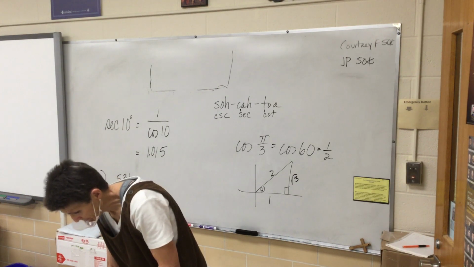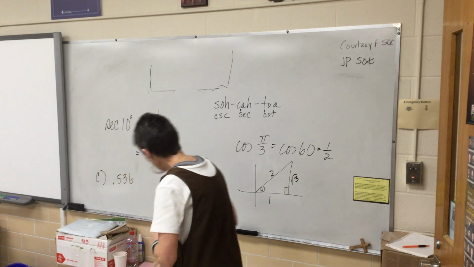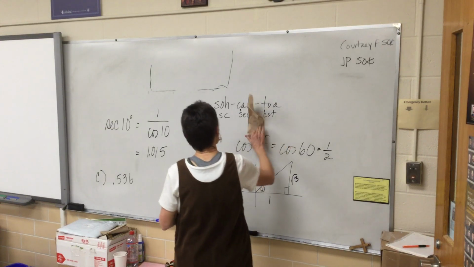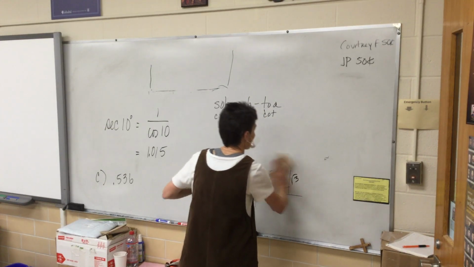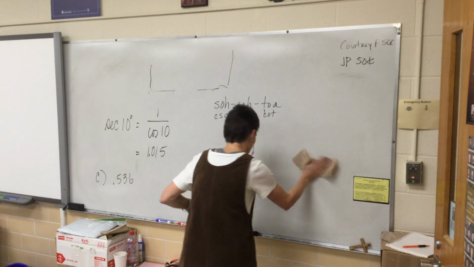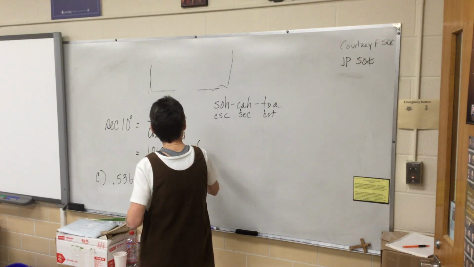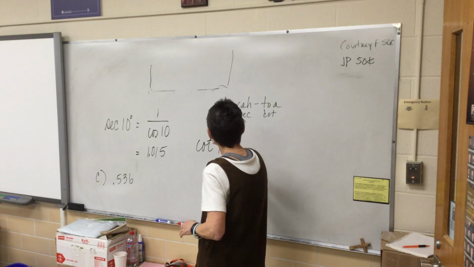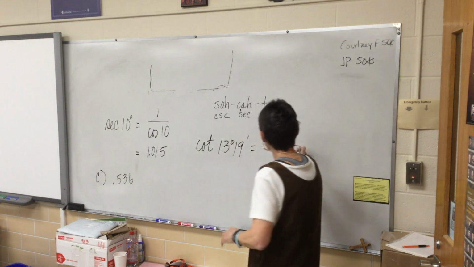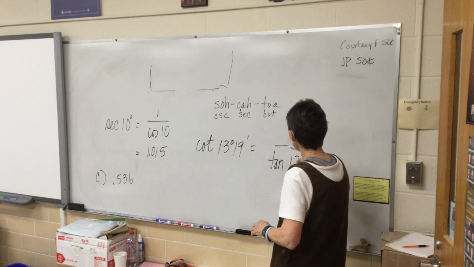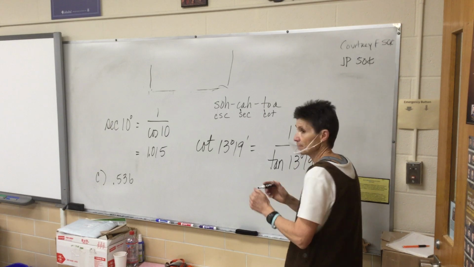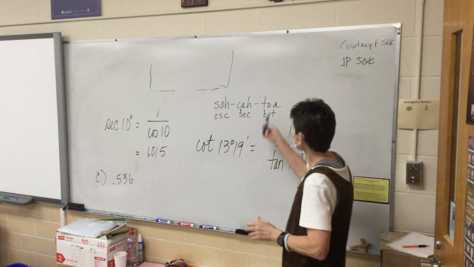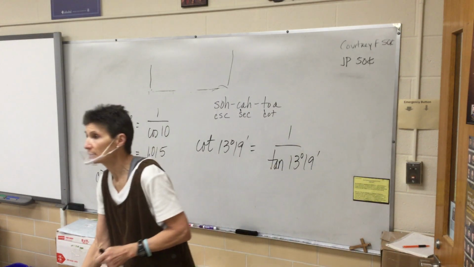E. So now I'm doing cotangent 13°19'. So yes, you're right, I don't have a cotangent button. So I'll type 1 divided by tangent 13°19'. Cotangent is the reciprocal of tangent.